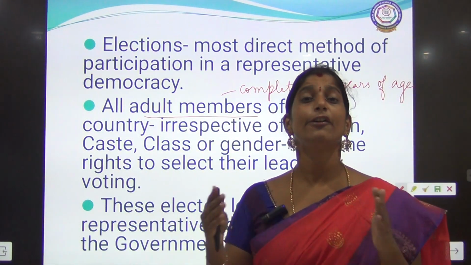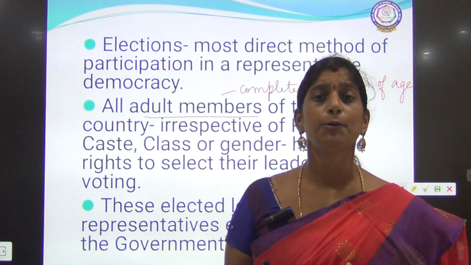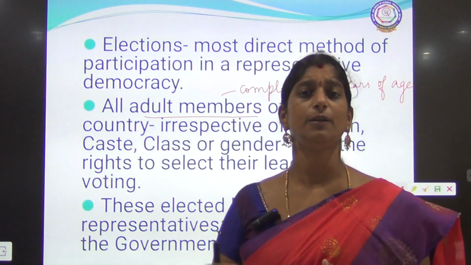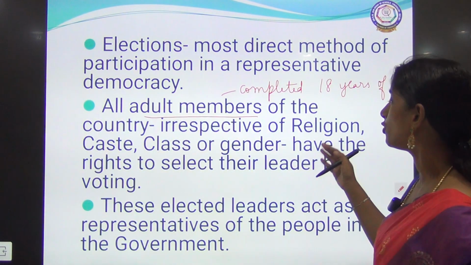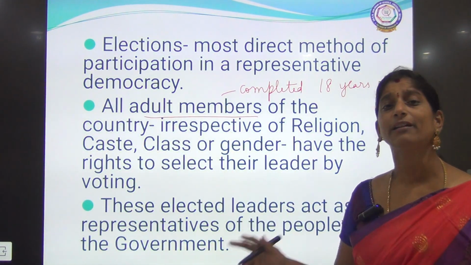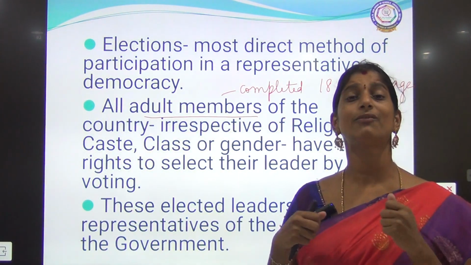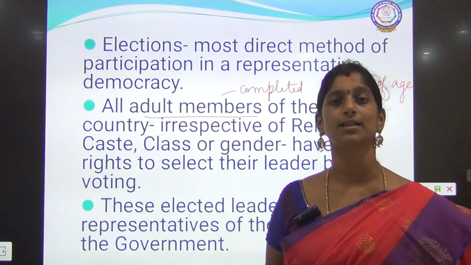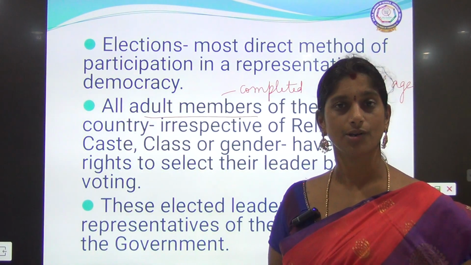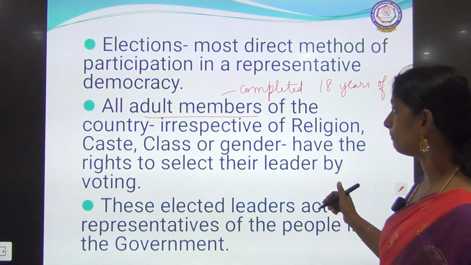The divisions or differences we have based on religion, caste, creed, community, color, sex, whether male or female, whatever it is. Based on gender, class, everything, whatever gender, class or religion they may be, ignore all that. Any person who has completed 18 years of age should participate in the democracy.